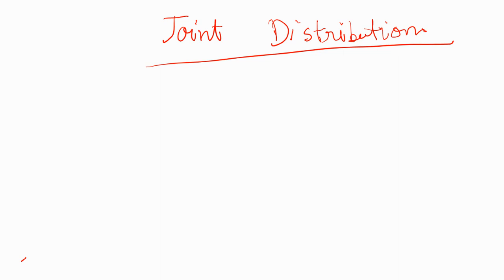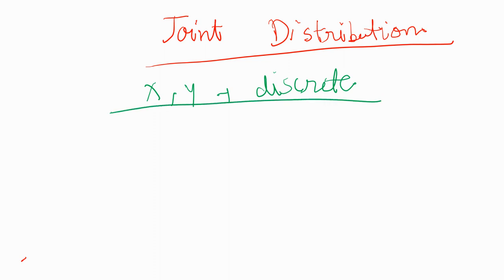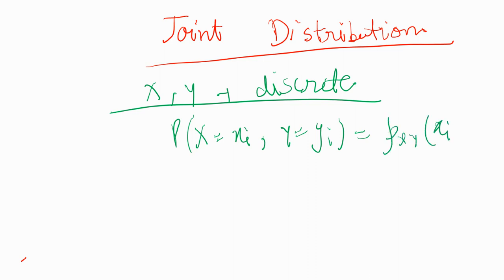Now, on a theoretical basis, if x and y are discrete variables, then we have x equal to xi and y equal to yj, and we write this probability as pxy(xi, yj).